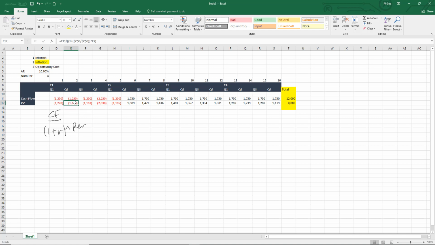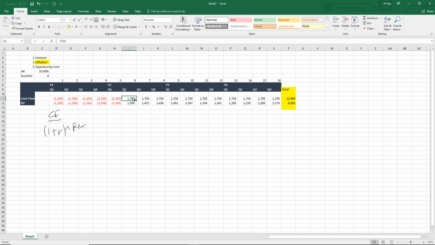So both the buyer and the seller have to be accounting for the time value of money as time goes on. Let's especially look at when we're clearing $1,750 a quarter there.